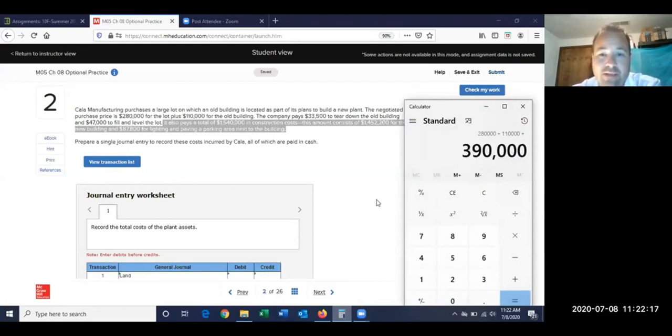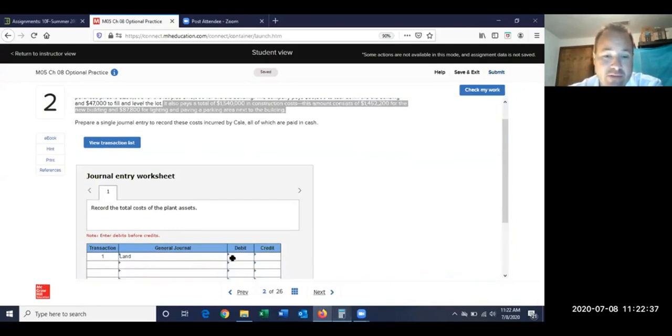I'm going to put in the cost to tear down that building, which is part of getting the land ready to use. And I'm going to put in the cost to raise and flatten the land to get it ready, to remove the trees and whatever else needs to be done. So total land cost, $470,500, is going to be my first debit.